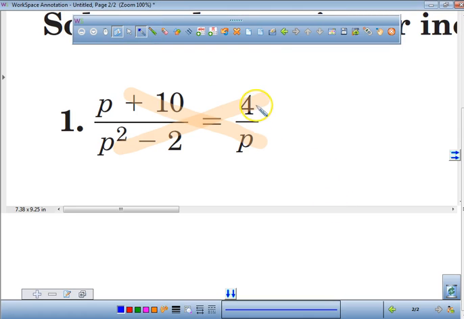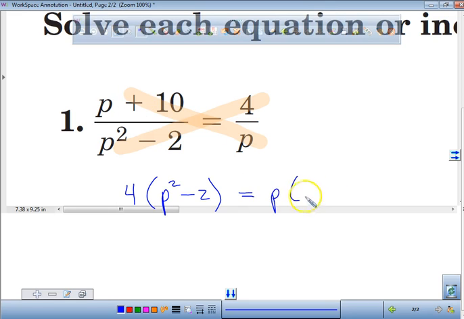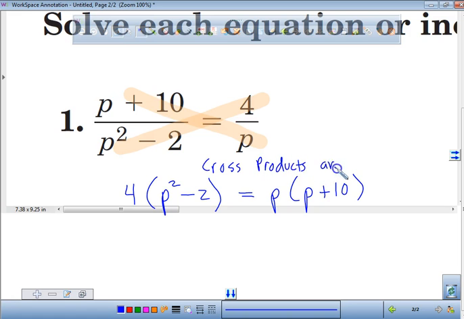So right now, we're going to take 4 and multiply it by P squared minus 2. And then we're going to take P and multiply it by the sum of P and 10. So right now, I simply want you in your journal to write down the cross products are equal.